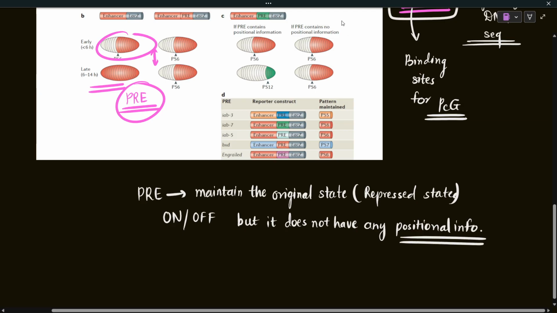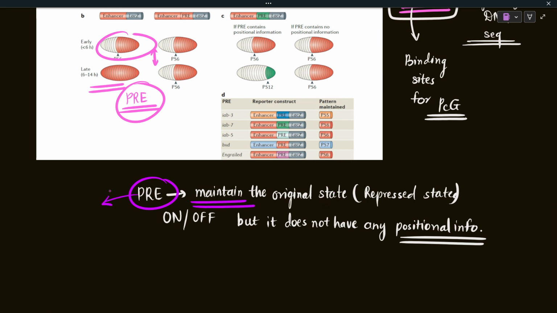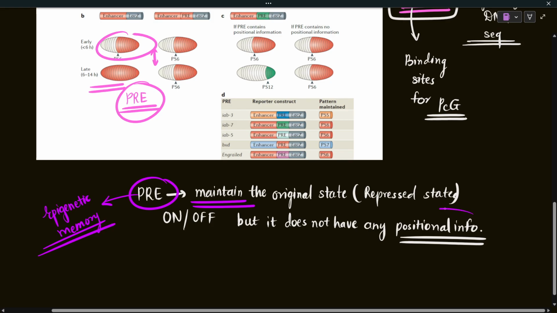This is a very important point: the PRE only maintains the on or off state, so we can say it plays a role in epigenetic memory. The positional information is contained by the enhancers, in this case the embryonic enhancer.